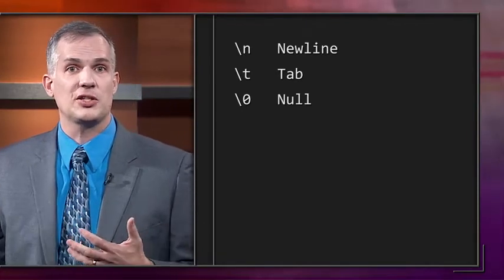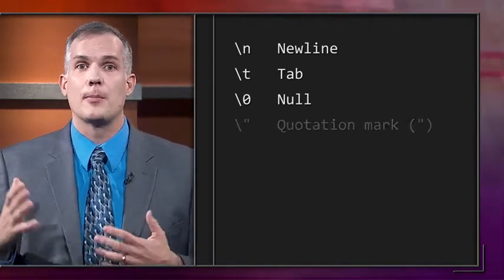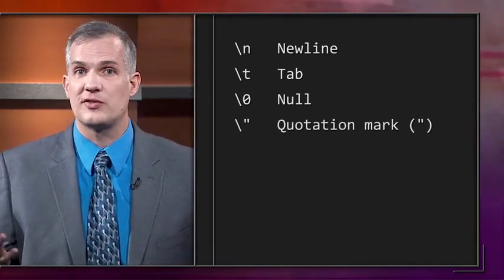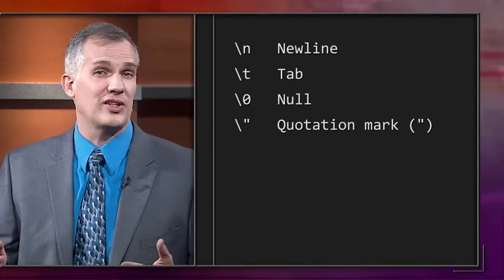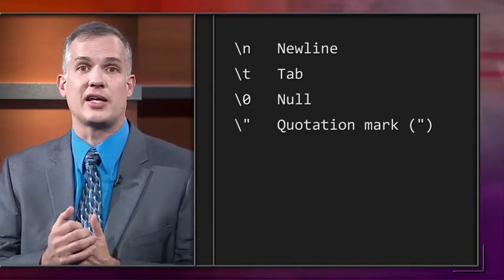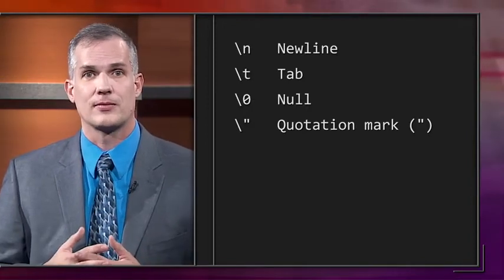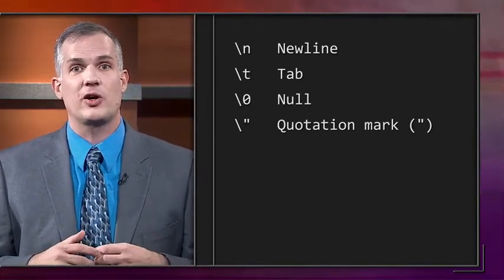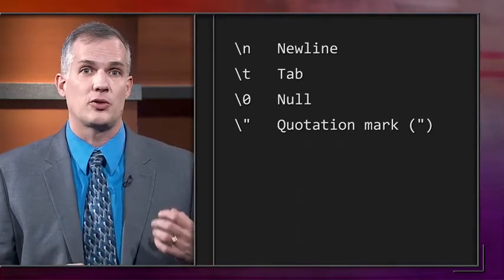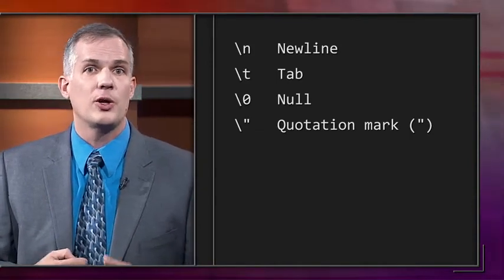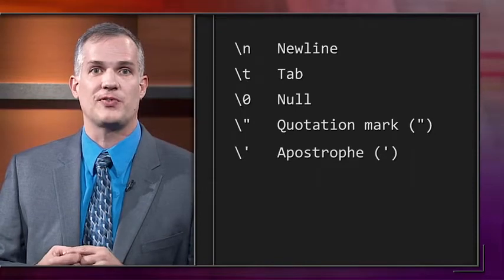To get a quotation mark, we need to write \" if it's part of a string literal. If we don't, it will look like we're ending the string instead of trying to write a quotation mark as part of the string. To get an individual character that's a single quote, in other words, an apostrophe character, we use \'.